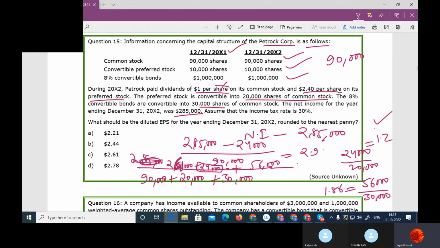That's what I was saying. I wrote it wrong. Now we can get it. 2,61,000.